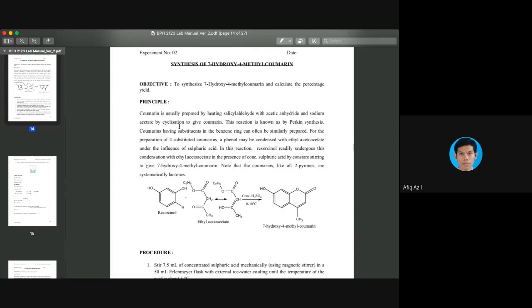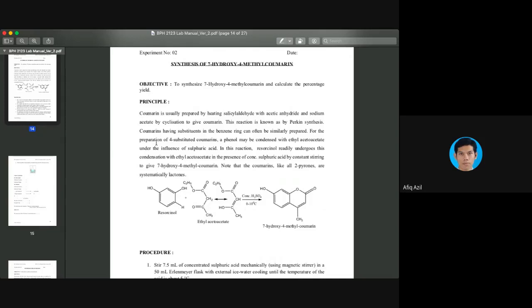Coumarins having substituents in the benzene ring can also be similarly prepared. Using a different starting material, as long as the main structure is almost the same, we can still conduct this Perkin synthesis.